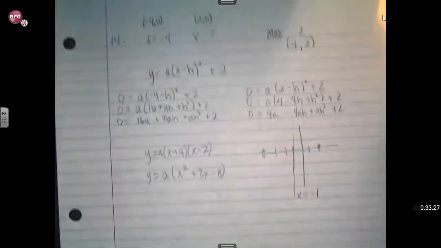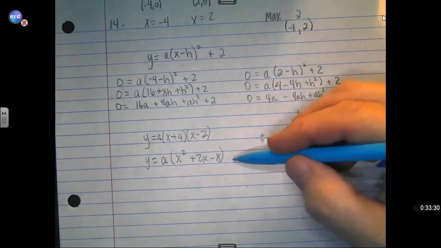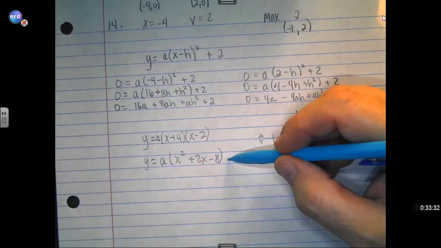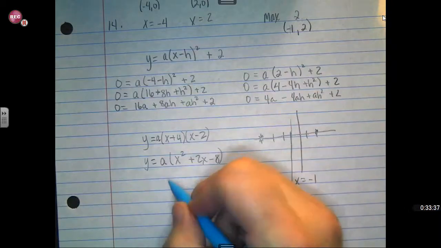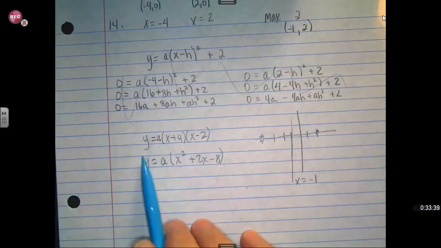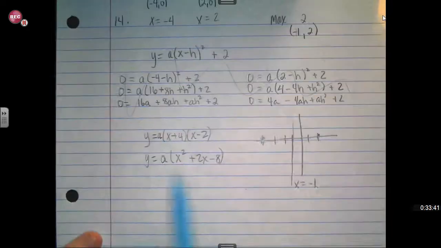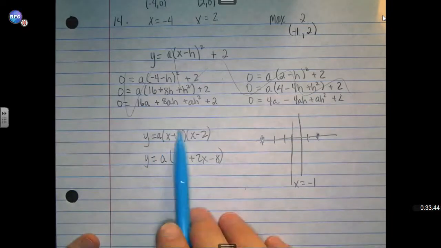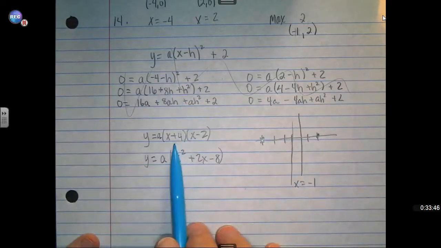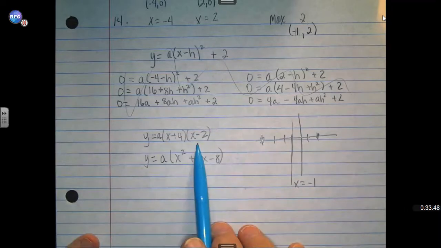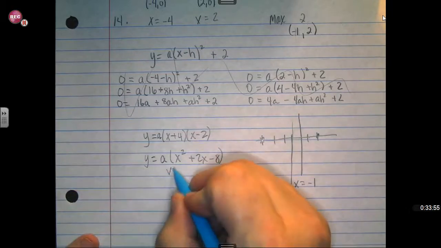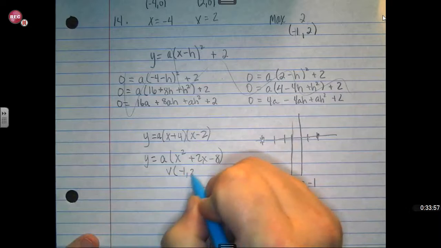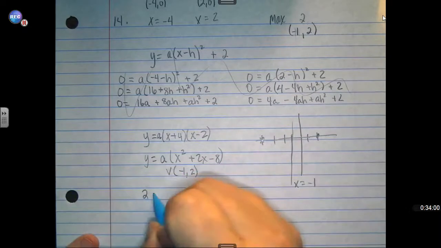So then I can continue on with this idea if I want to, that I can plug in the point rather than going back to this. This is what I would do: x plus 4, that 0 gives me x minus 2, the a in front because that gets us the specific parabola, and now I can plug in the vertex, which is (-1, 2), to figure out what a is.